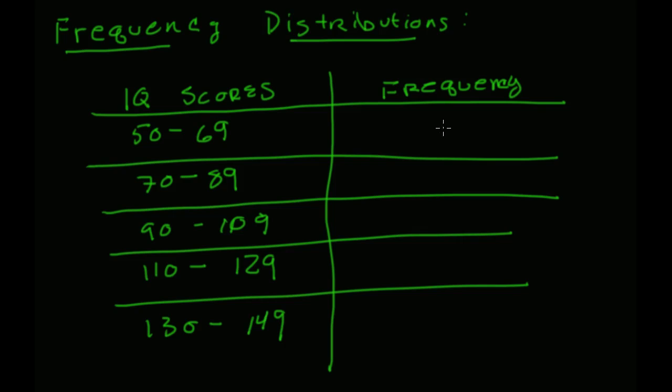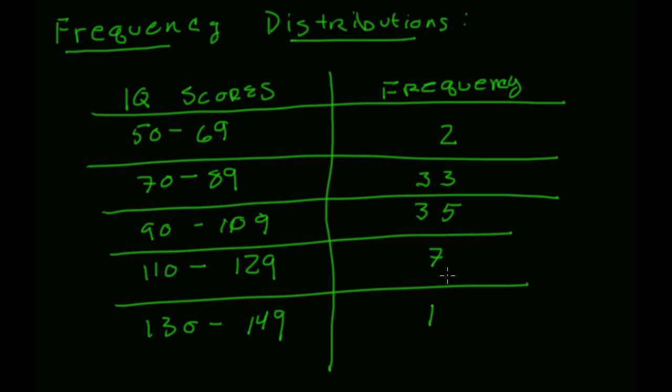And I have a frequency here of 2, 33, 35, 7, and 1. Okay, so lots of IQ scores here between 70 and 109, fewer as we're going out.